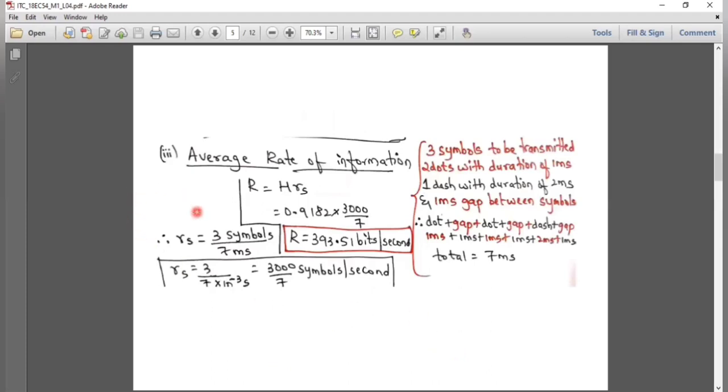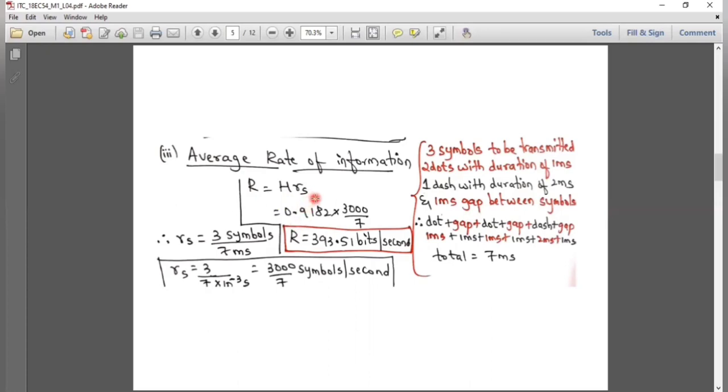So coming to average rate of information or information rate. Information rate is given by H into R of S, where H stands for average information or entropy and RS stands for symbol rate. So entropy value is computed already.